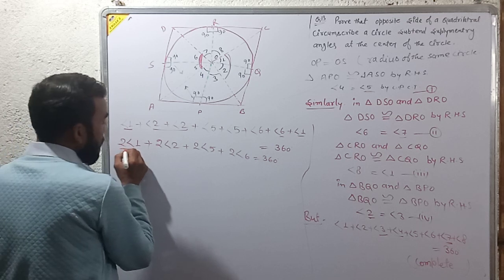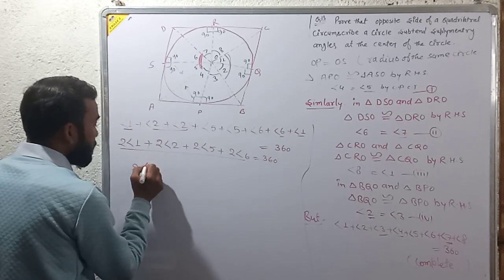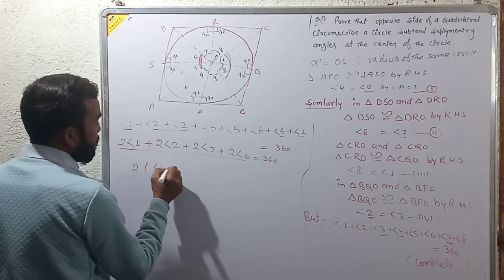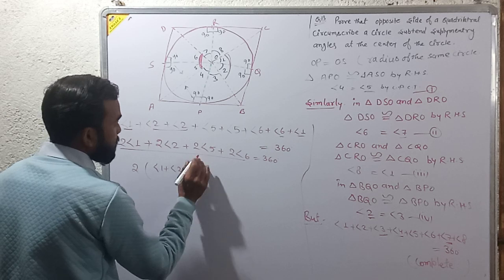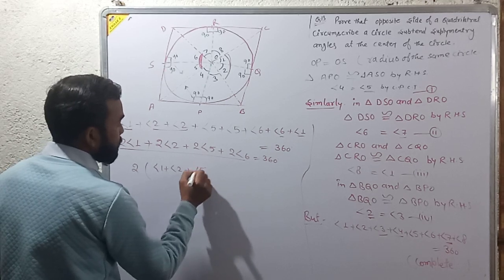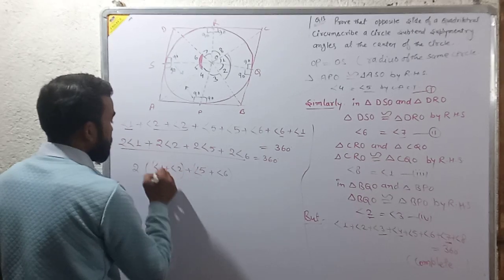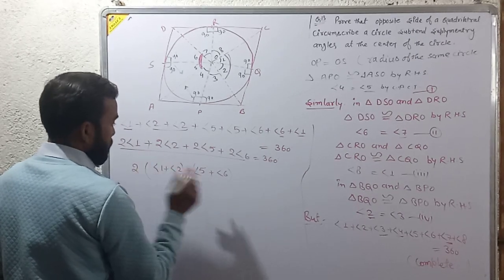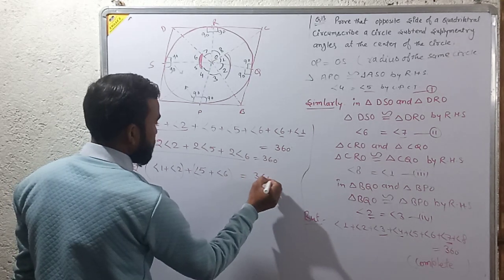Now in all, 2 will be common. So 2 times angle 1 plus angle 2 plus angle 5 plus angle 6 is equal to 360 degrees.